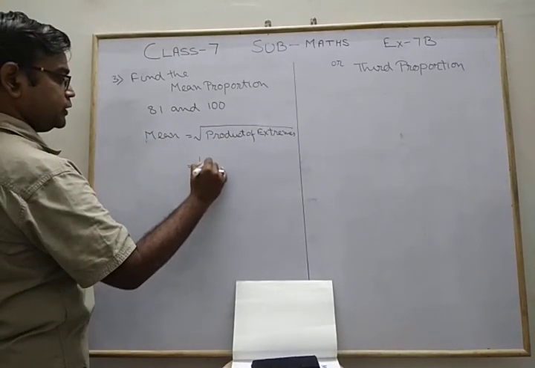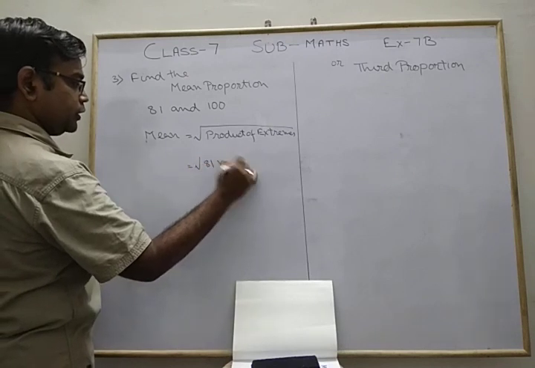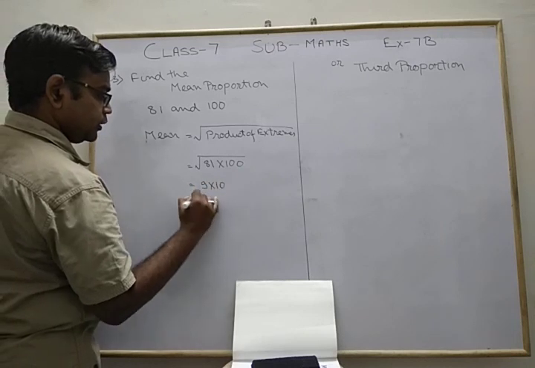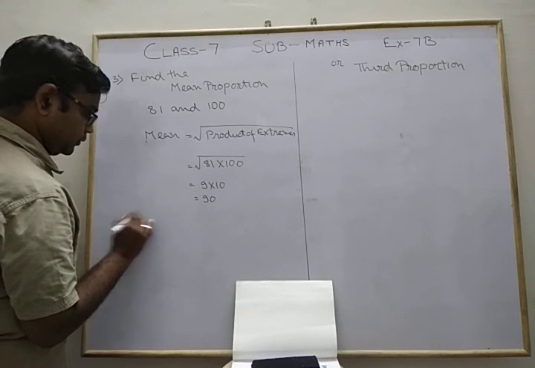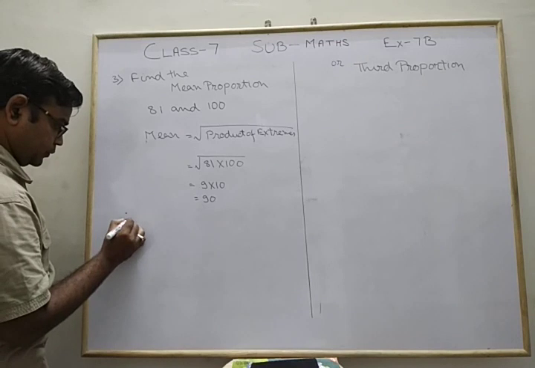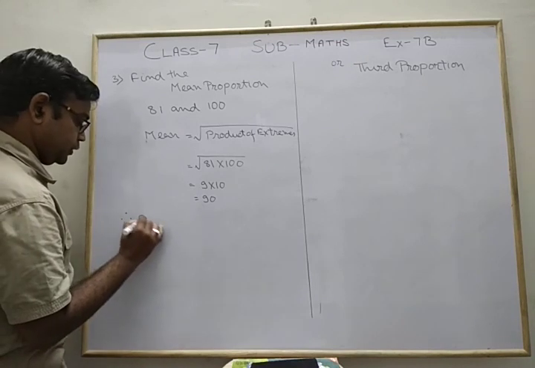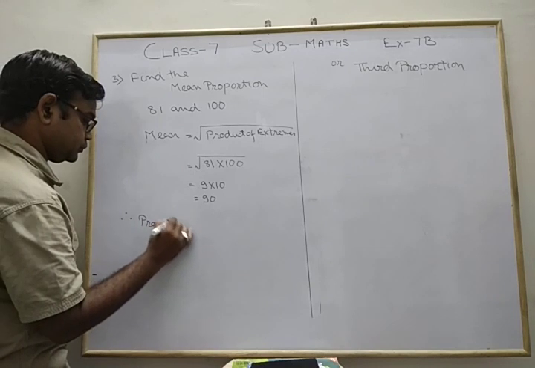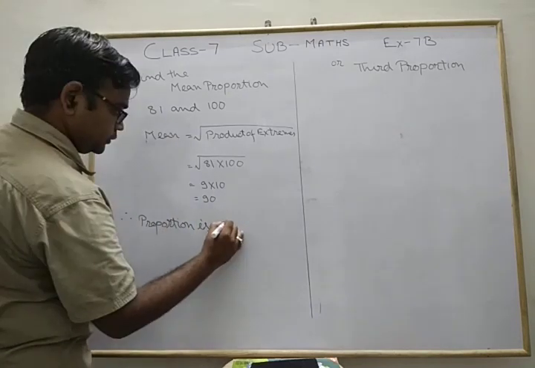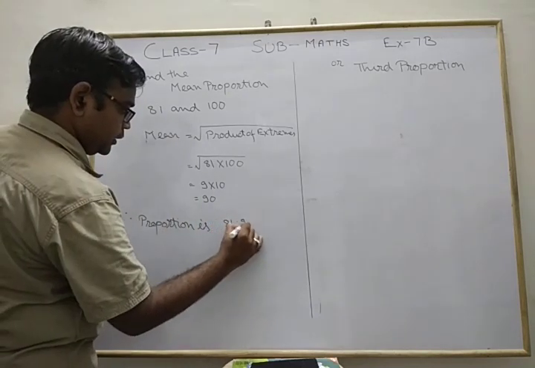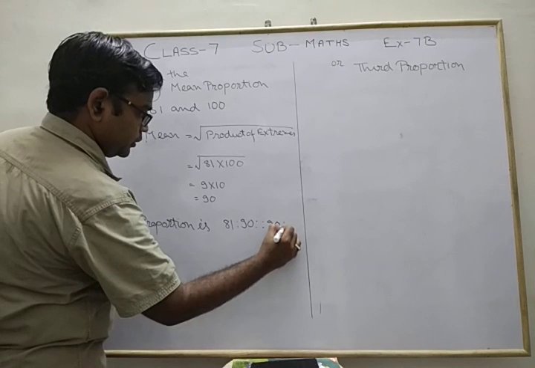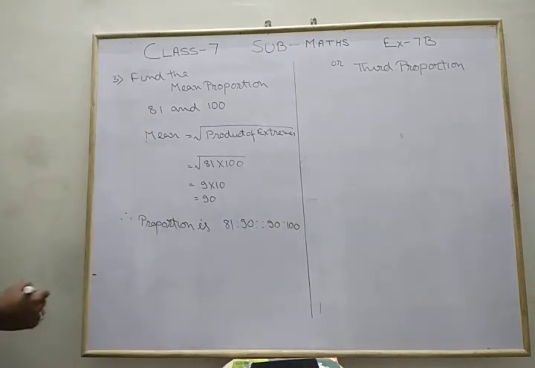It's an easier one. 81 into 100, square root, is 9 into 10 equals 90. Therefore the proportion is first term 81, ratio 90, ratio 100. This is your proportion.